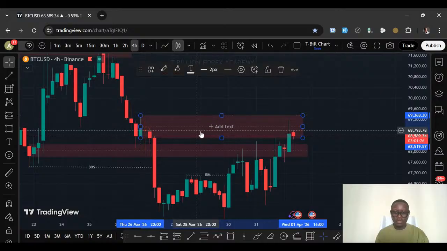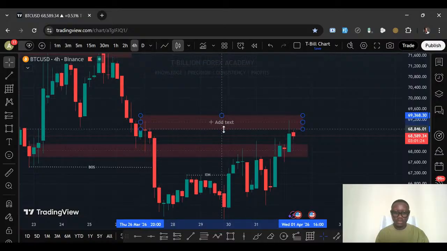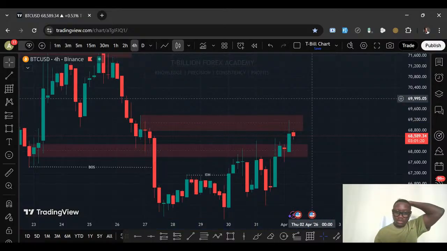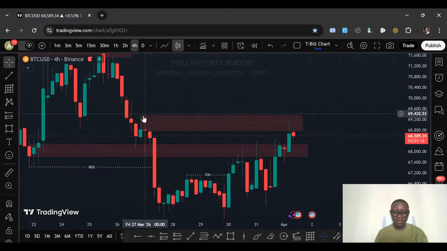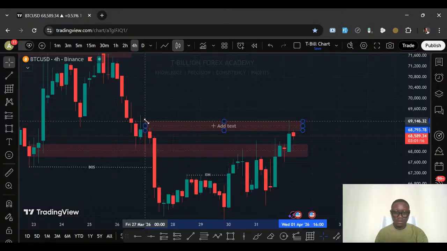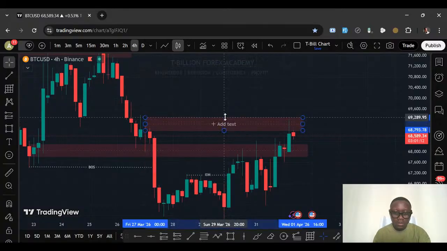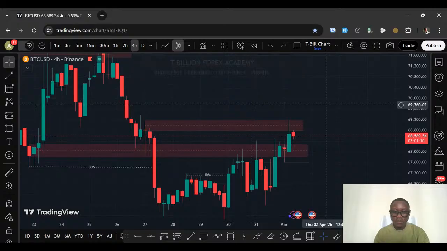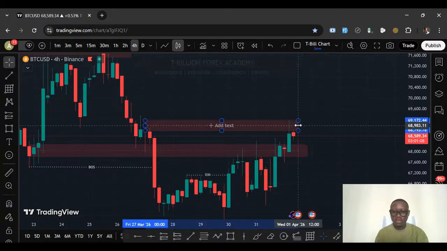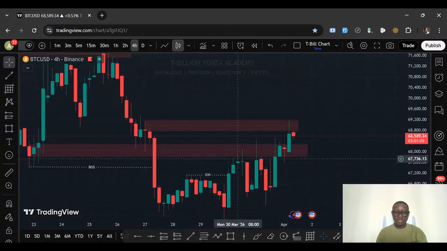Based on price reaction, this is where price is reacting at. So this has been invalidated.